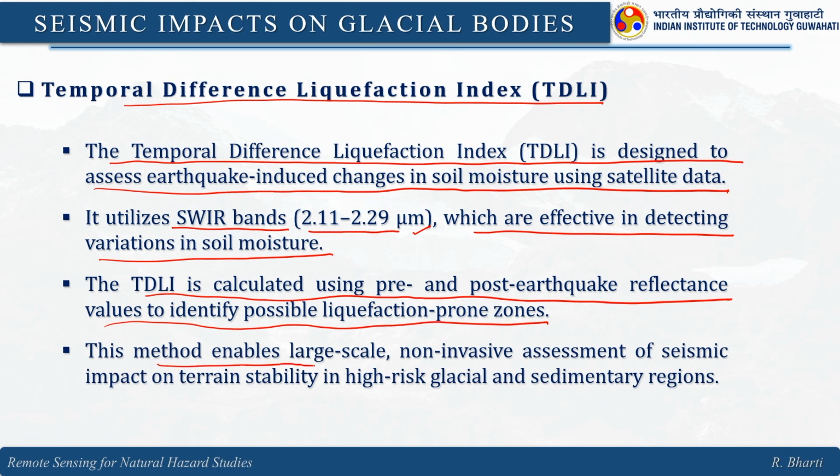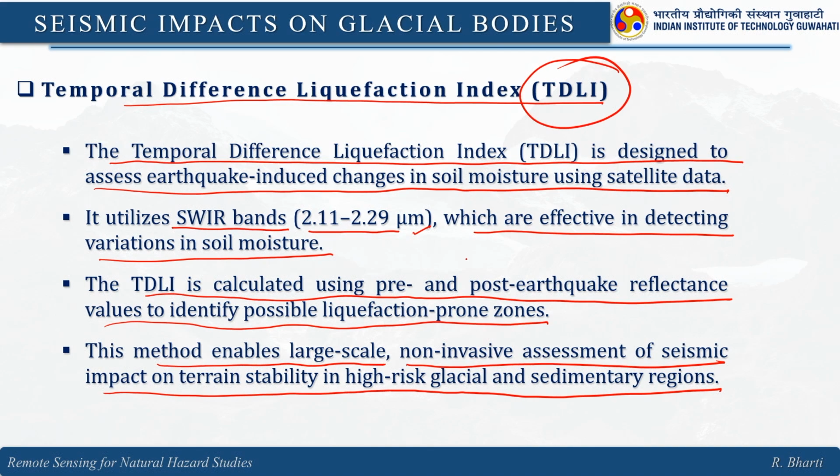This method enables large scale non-invasive assessment of seismic impacts on terrain stability in high risk glacier and sedimentary regions. So, without reaching that particular location, you can have such analysis which will provide you more information about the vulnerability of that particular area towards the earthquake.